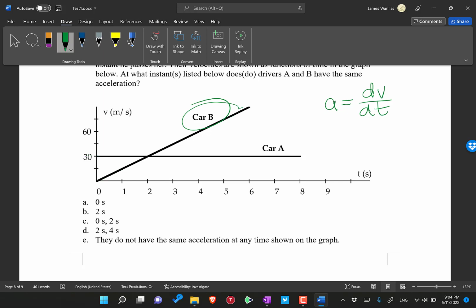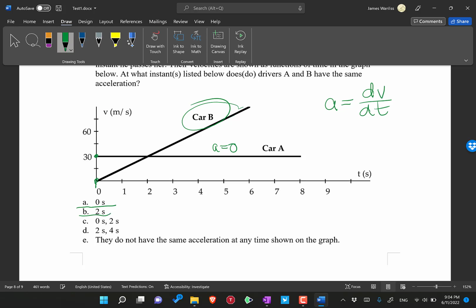So they don't have the same acceleration at time t equals 0. In fact, car A has acceleration equals 0 the whole time. That's just a flat line. So are the accelerations the same at time t equals 0? No, because the slope of driver A's car is still 0, and the slope at time t equals 0 for car B is not 0.